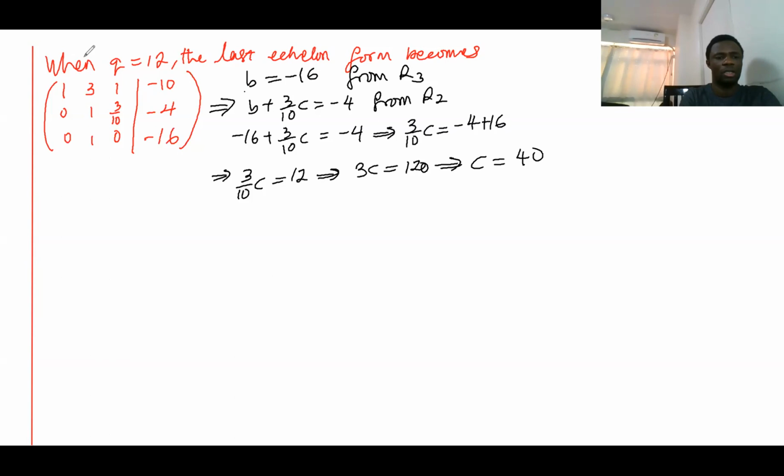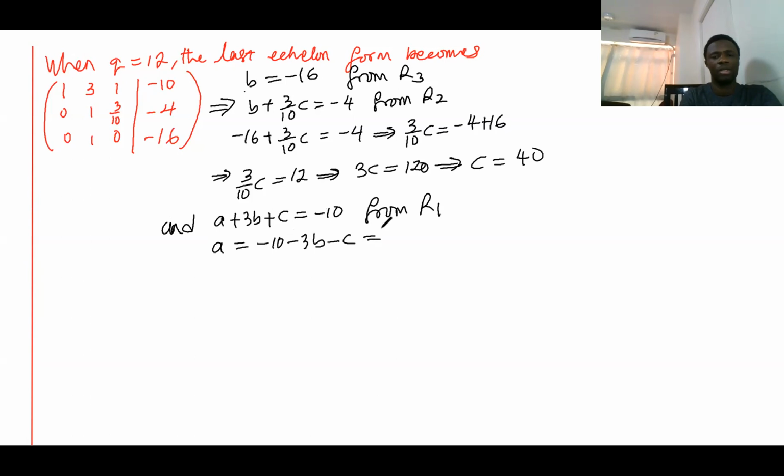Thank you. And from row 1, finally, A plus 3B plus C equals negative 10. A is unknown. So A equals negative 10, negative 3B, negative C. So negative 10, negative 3 times negative 16, and negative 40.